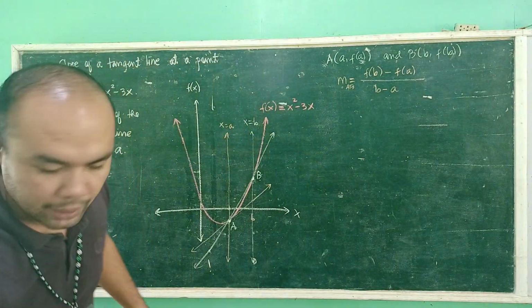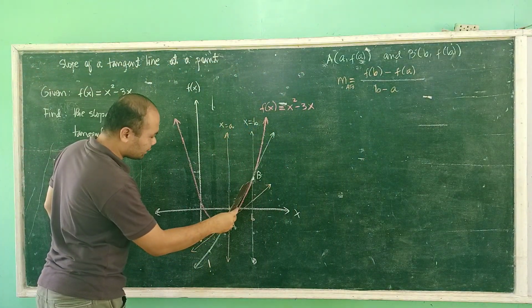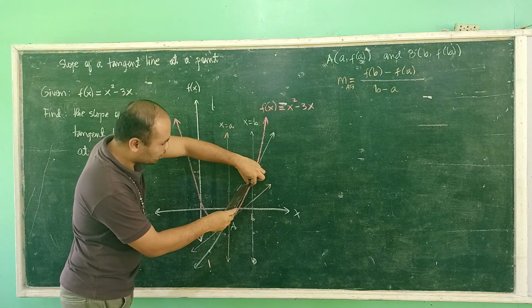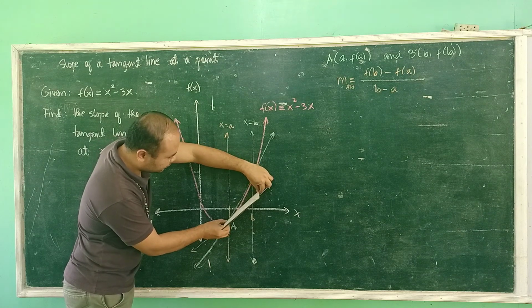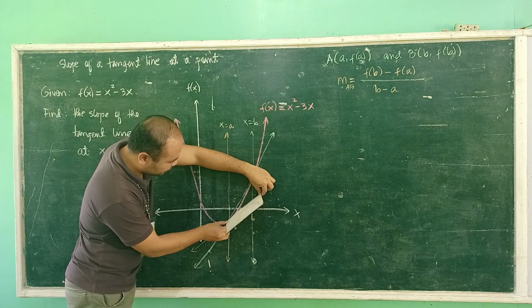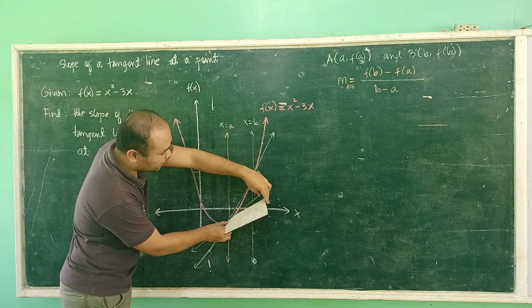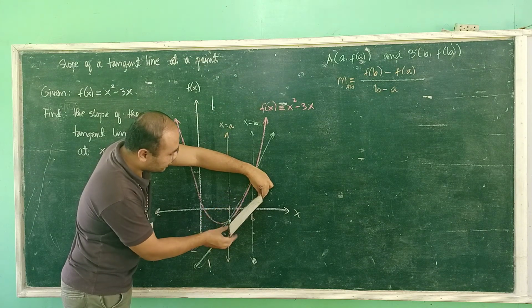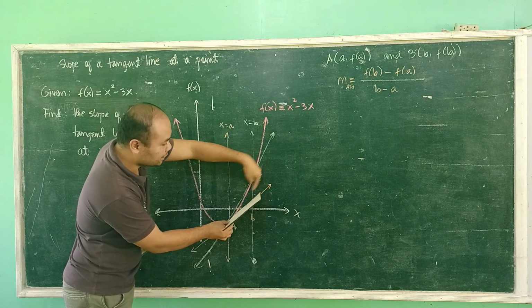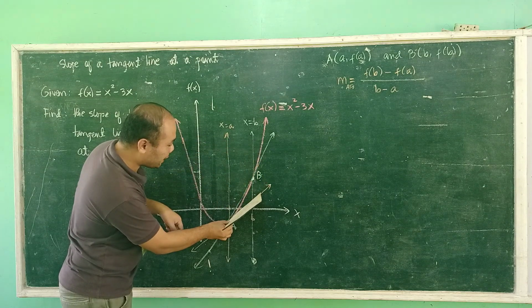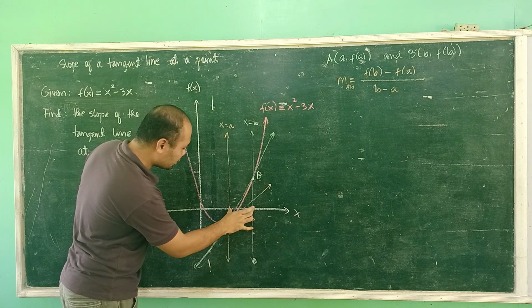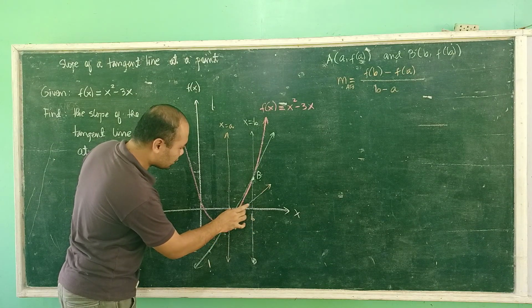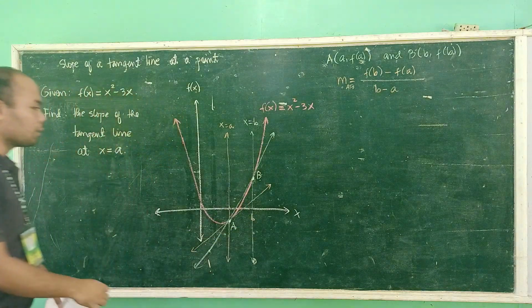If you take this point nearer, like this, eventually there will come a time that the second line will superimpose the tangent line. That will happen when the distance between the two points here is very small.